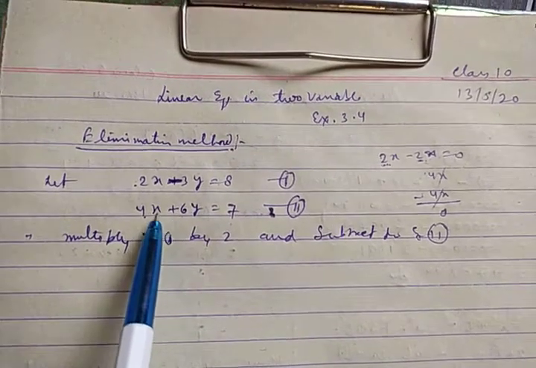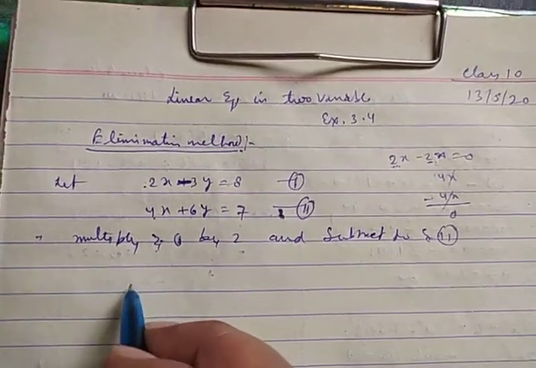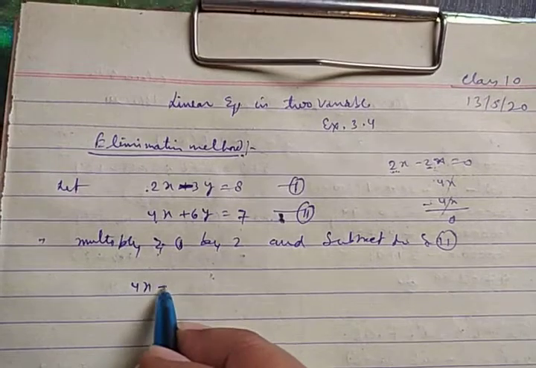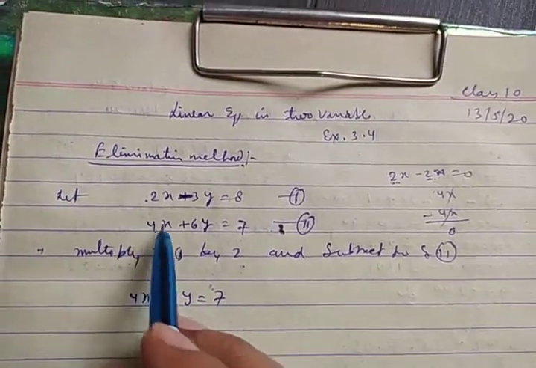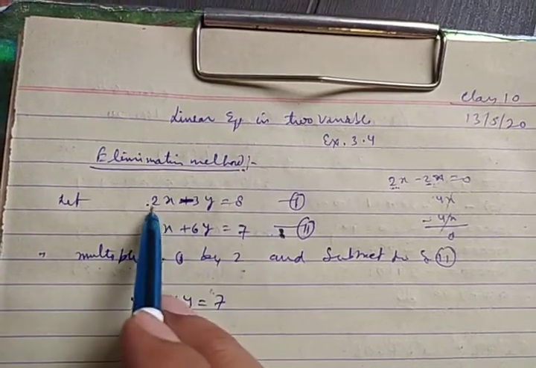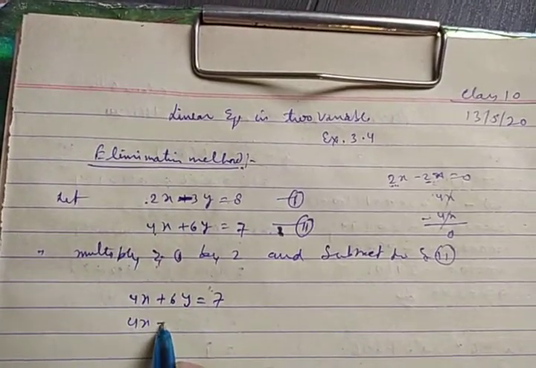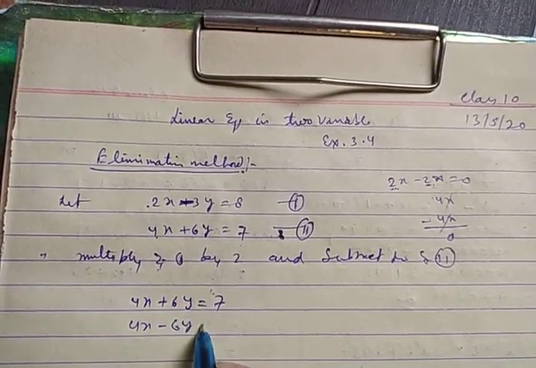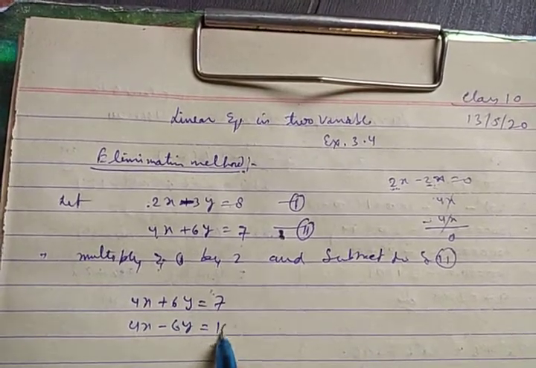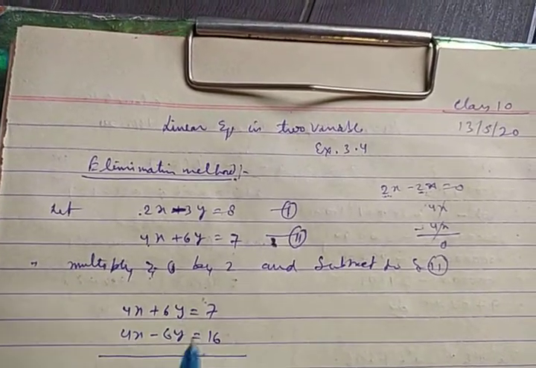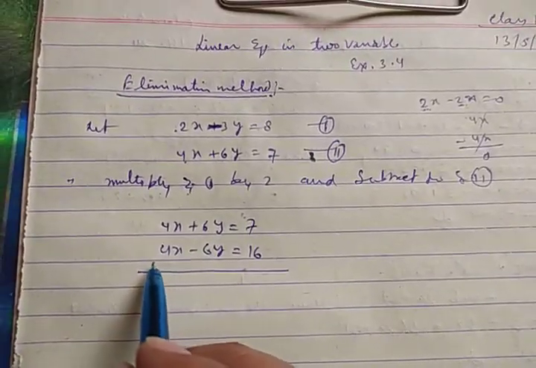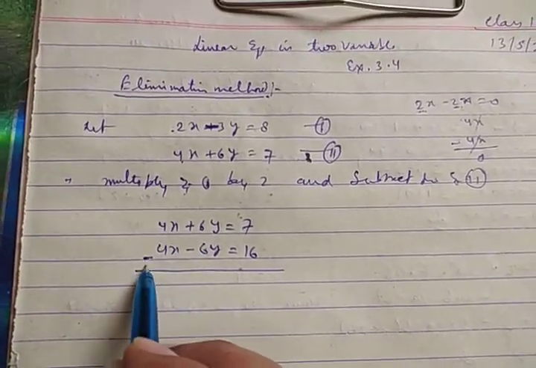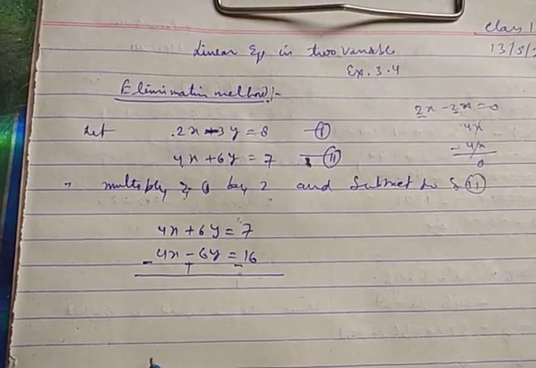Then you will write equation 2 on the upper side, 4x plus 6y is equal to 7. By multiplying, this means 2 times 4x, 2 times 6y is equal to 2 times 8, that is 16. Subtraction means the sign of the lower expression will be changed. This will become negative, positive and negative.